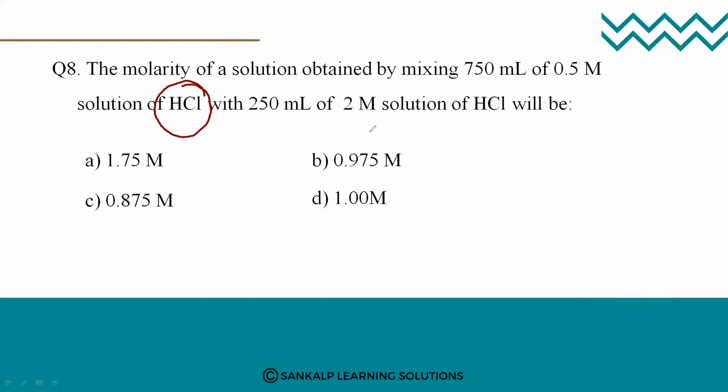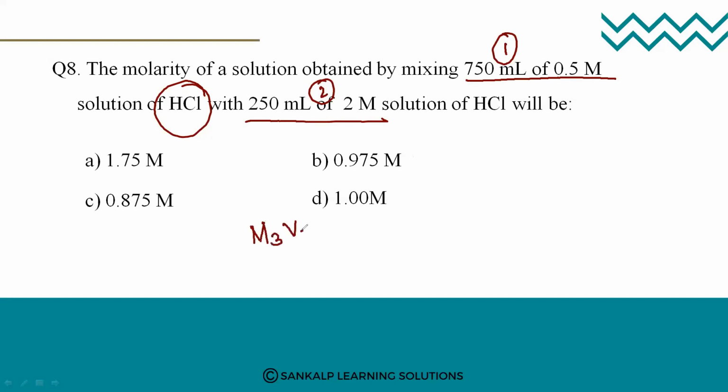So you know the formula. The molarity of a solution obtained by mixing: one solution is 750 ml of 0.5 molar, and another solution is 250 ml of 2 molar HCl. So both are HCl solutions only, but the concentrations are different. Now we have to find the concentration after mixing.